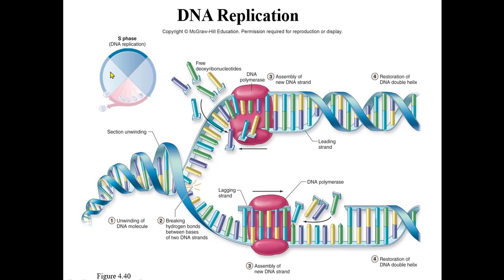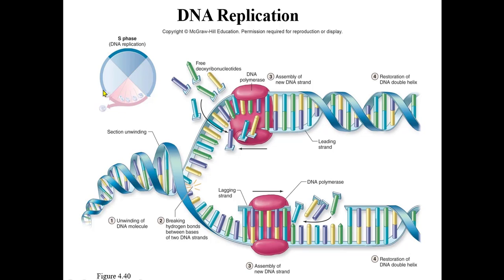So here I have where the first box is, where the cursor is, that is G1. That's where we have growth 1. Then I have S. S is for DNA replication. And then I have G2. And then I have the actual cell division, in this case, mitosis.